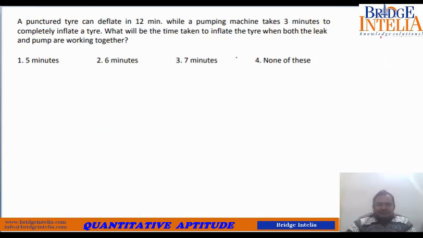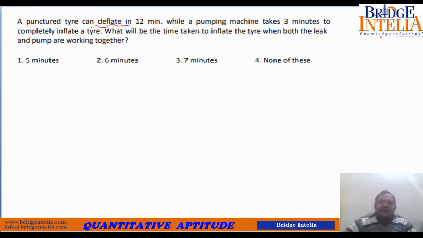So let's take this example. A punctured tire can deflate in 12 minutes. Deflating means air goes out, just like the water goes out of the tank and the tank becomes empty. So if air goes out, the tire would become empty, and that is known as deflation.